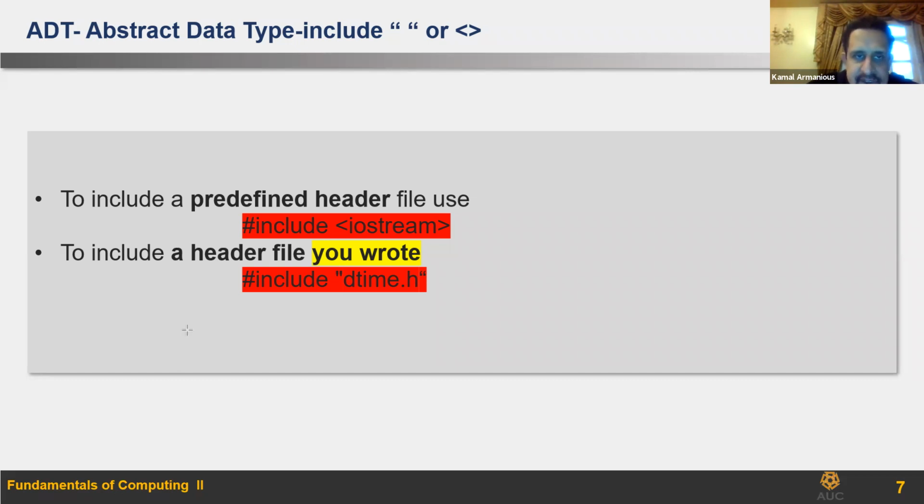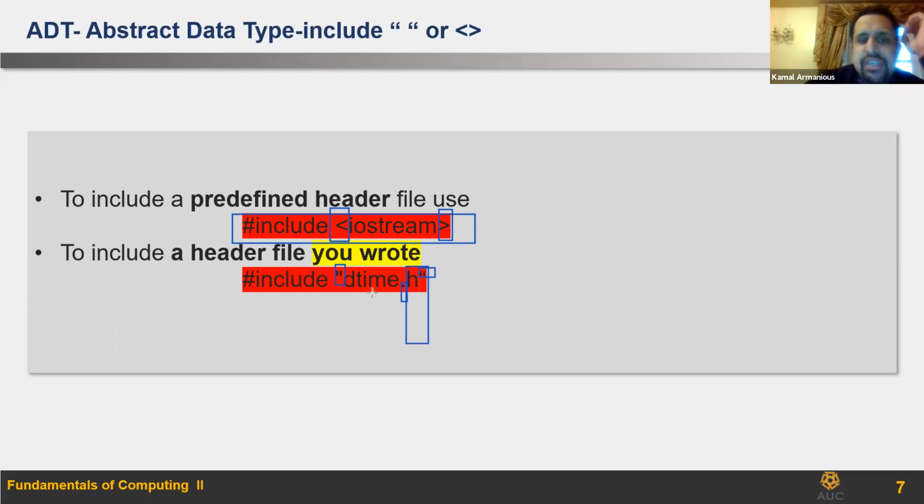so what you know so far is that you include iostream, with greater than and smaller than signs. Then if you write your own header file, you use double quotes and a dot h, small h.